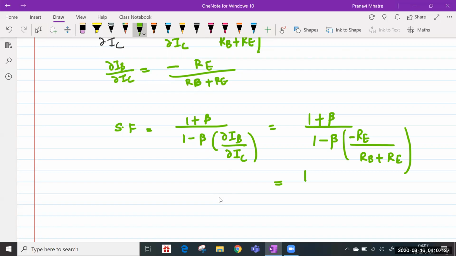So the value comes out to be 1 plus beta upon 1 plus beta into RE upon RB plus RE.